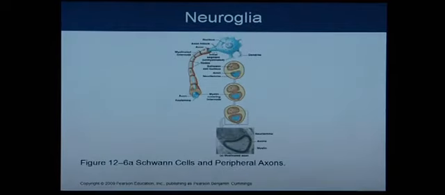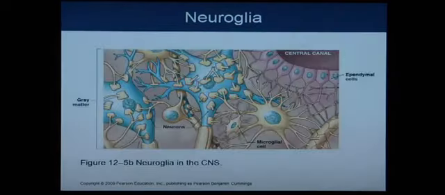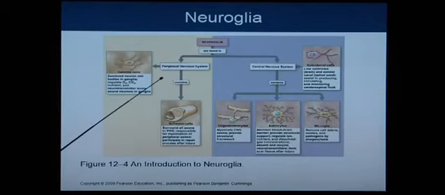Okay, backing up to our chart, on the left side, let's look at the peripheral nervous system neuroglia. We've got two: satellite cells and Schwann cells. Satellite cells surround the cell bodies of neurons in the ganglia, and we'll talk about what ganglia are in just a few minutes.